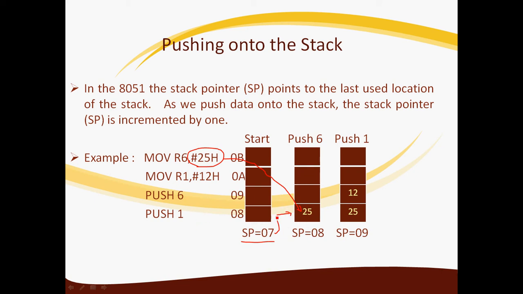So once again the same thing happens. The stack pointer pointing at 08 is incremented by 1, so it now points to here. And the data, that is 12H, moves to this location. So that's how we push the data onto the stack.